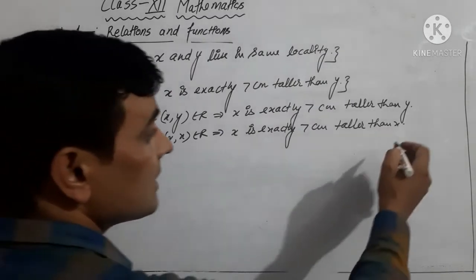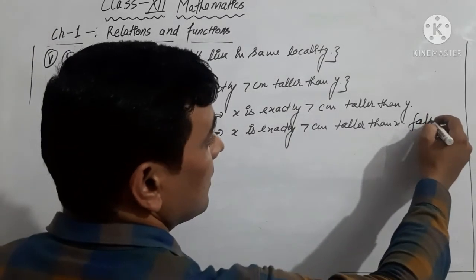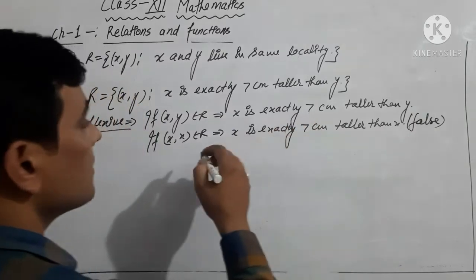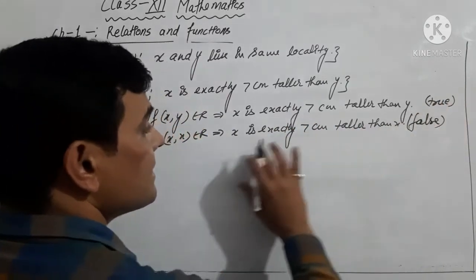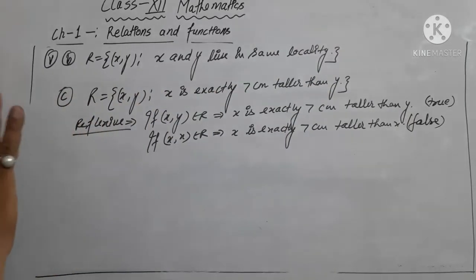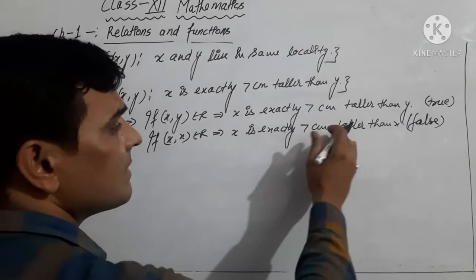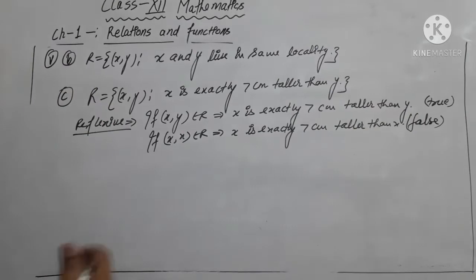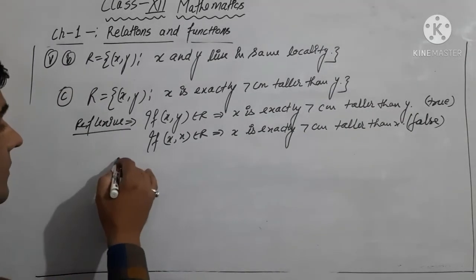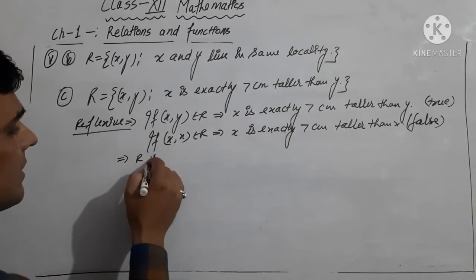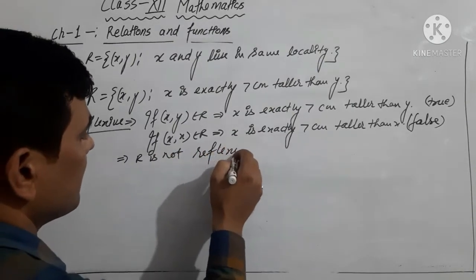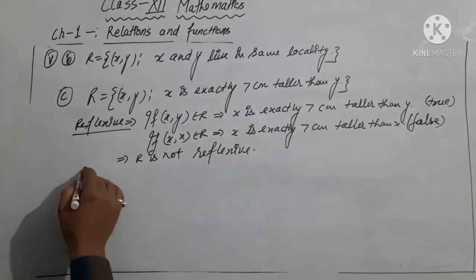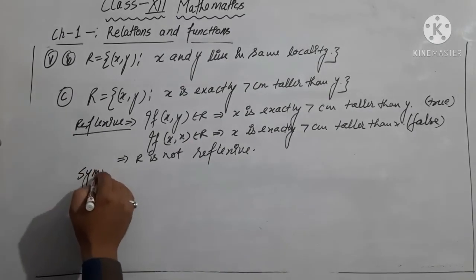So this condition is false. First condition is true because it is given in the question, and second condition is false because one cannot be exactly 7 centimeter taller than himself or herself. So R is not reflexive. Clear?